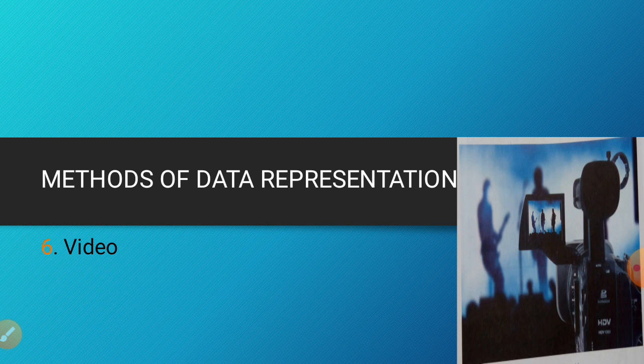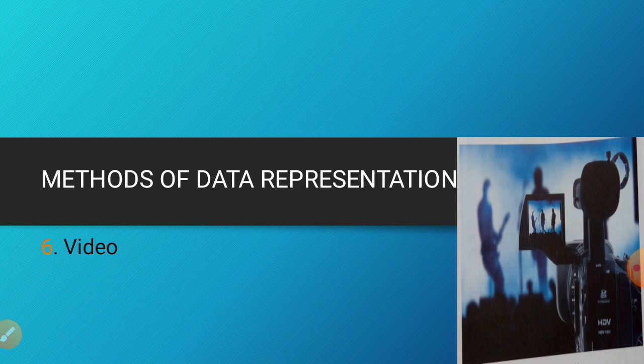I personally prefer using this method because it allows students to really understand what they are being taught by seeing it. Yes. So these are various methods of representing data.